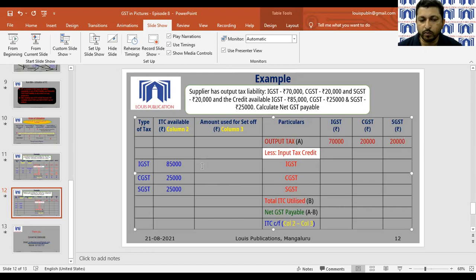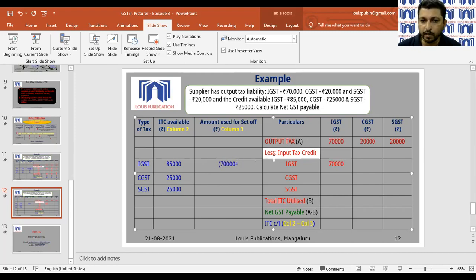Now, first what we will have to do is make use of this entire 85,000. Now, how much is IGST liability? IGST credit will first be utilized to settle IGST liability, which is 70,000. So I record 70,000 here, and in brackets 70,000 is utilized.